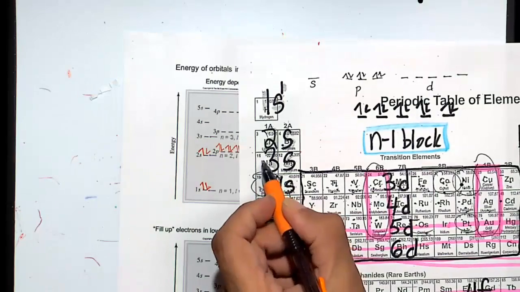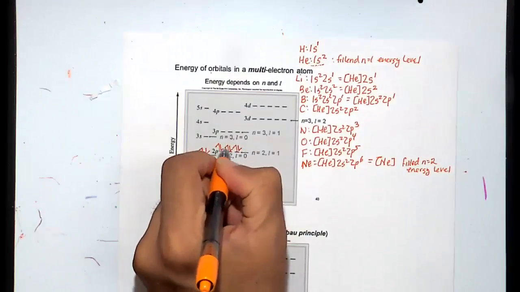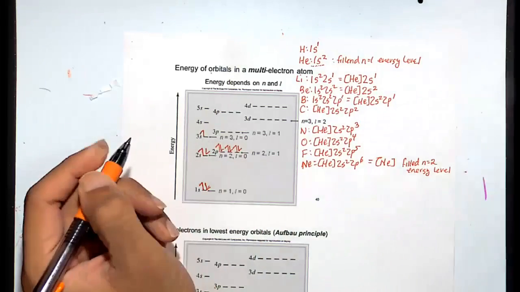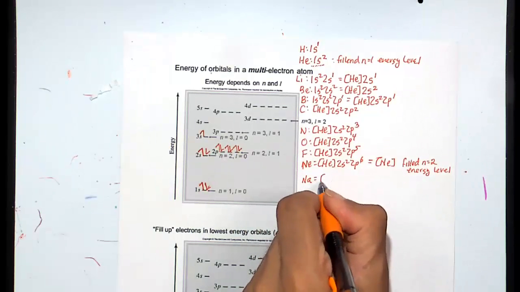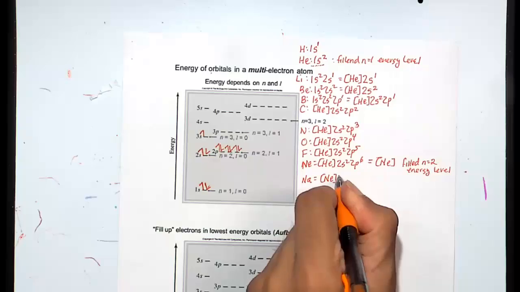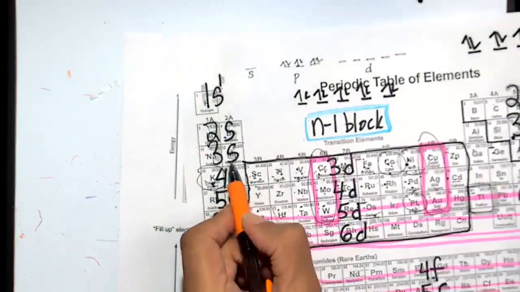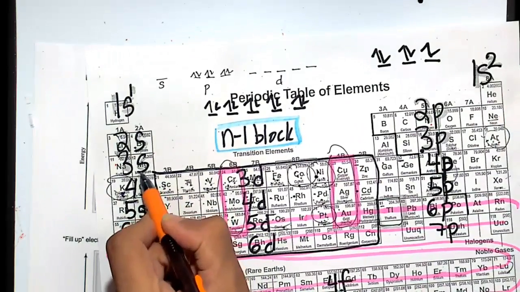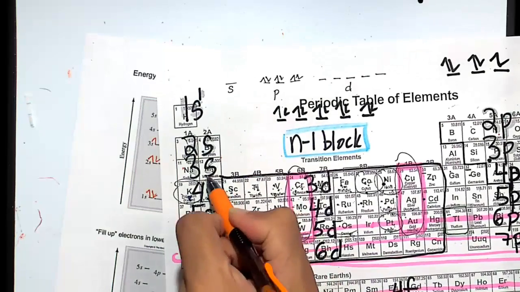Sodium is at 11. So 1, 2, 3, 4, 5, 6, 7, 8, 9, 10, 11. So sodium is going to be neon 3s1. What's next here? Magnesium is going to be neon, nearest noble gas, 3s2.